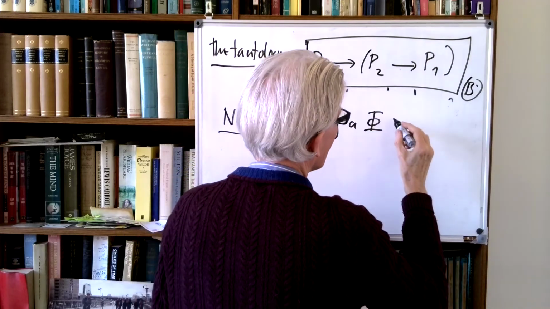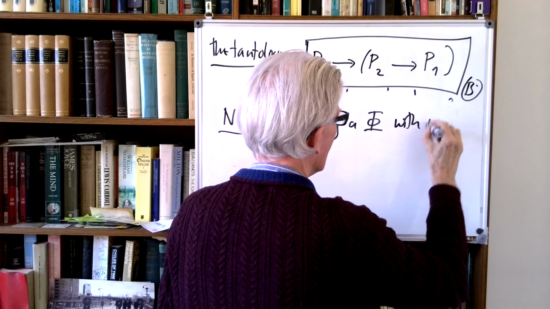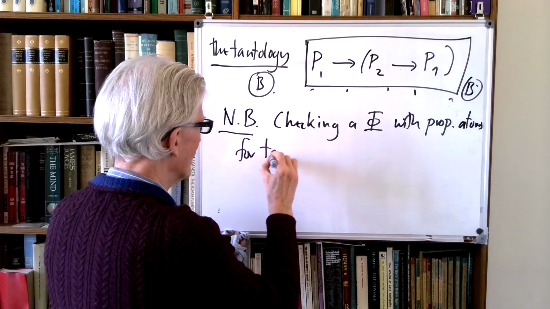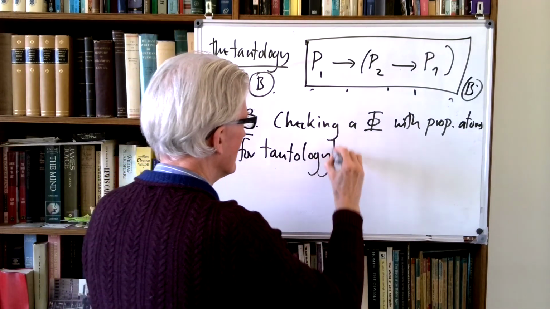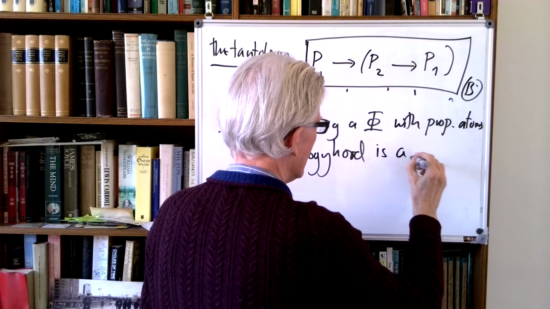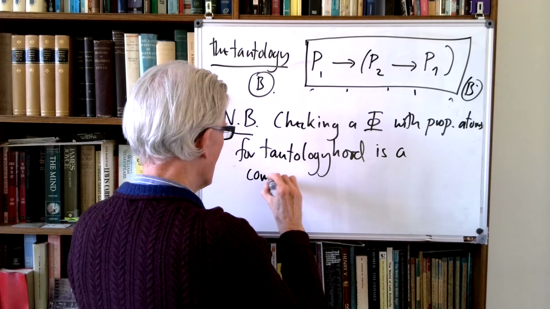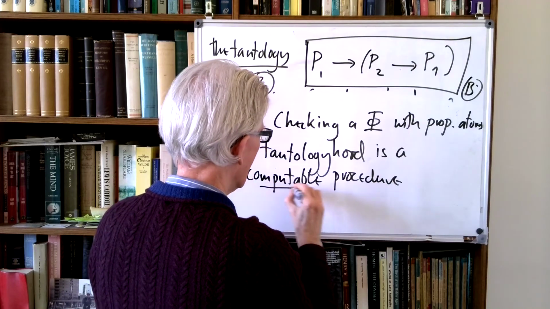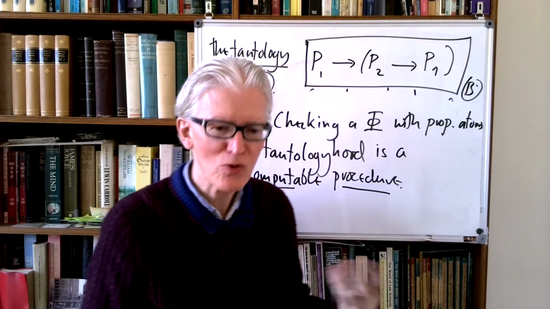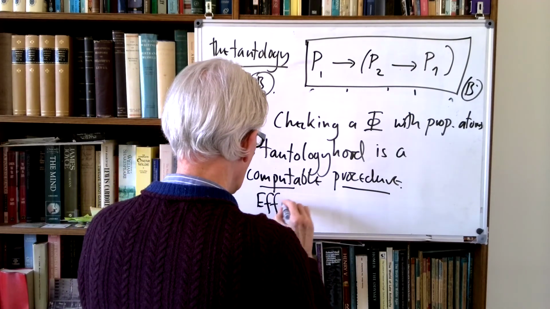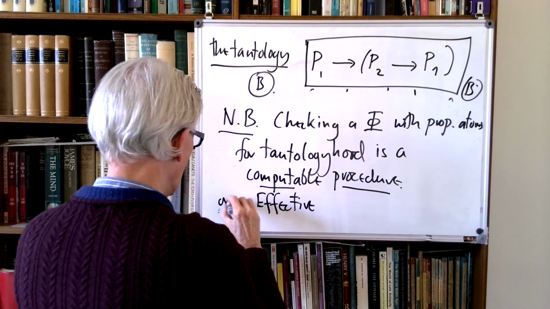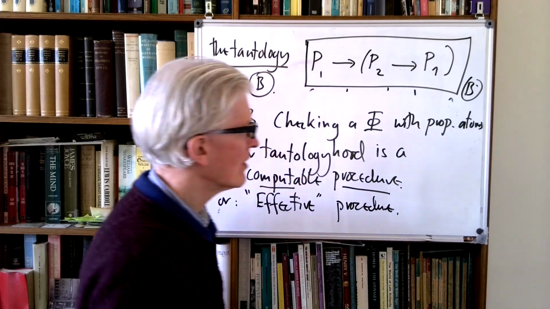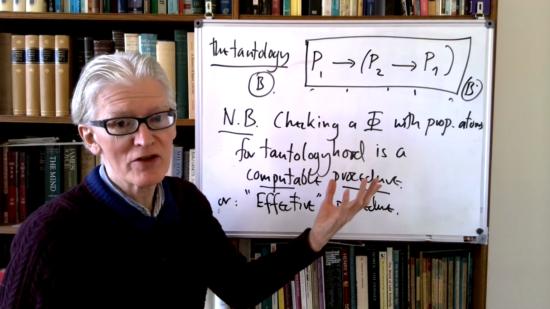Checking a phi with propositional atoms for tautologyhood is a computable procedure, sometimes called an effective procedure, because all you have to do is write down the truth table.